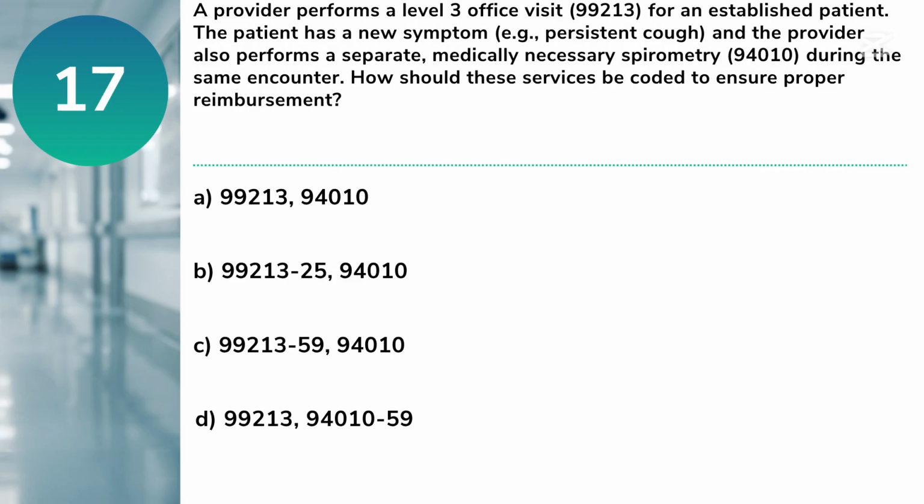Question 17. A provider performs a Level 3 office visit, 99213, for an established patient. The patient has a new symptom, e.g., persistent cough, and the provider also performs a separate, medically necessary spirometry, 94010, during the same encounter. How should these services be coded to ensure proper reimbursement?